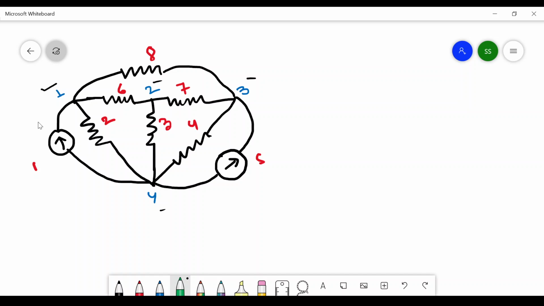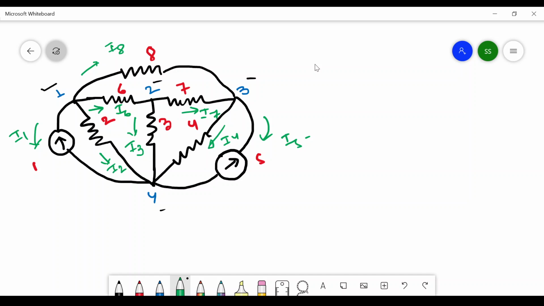Let's say this is I1, this is I2, this is I3, this is I4, this is I5, this one is I6, this one is I7, and here it is I8.